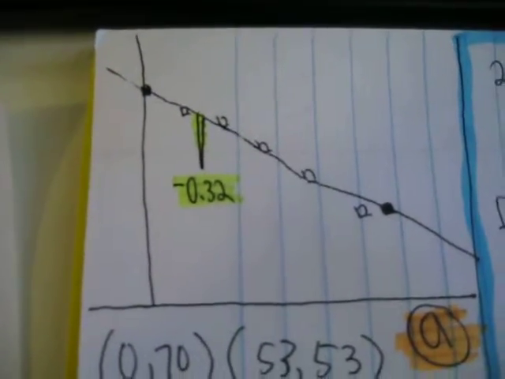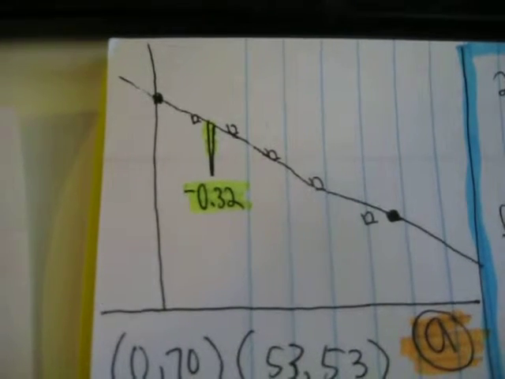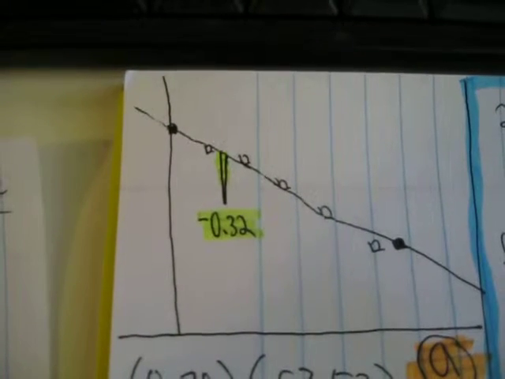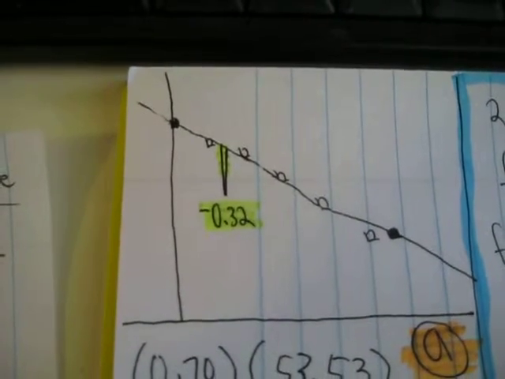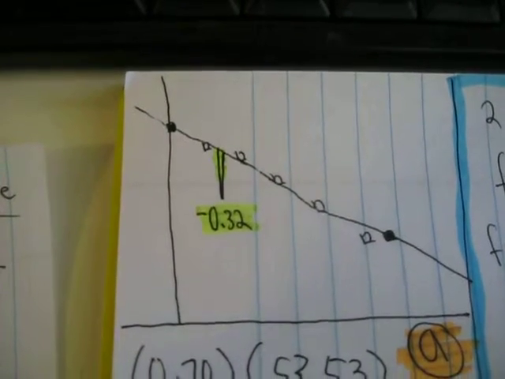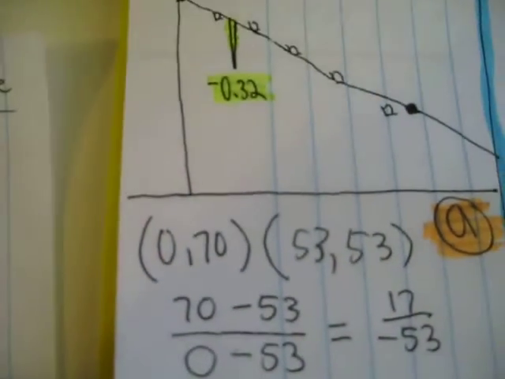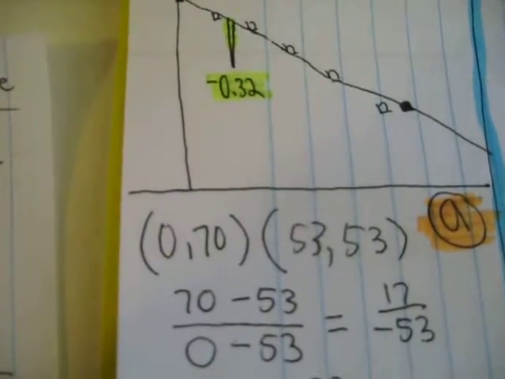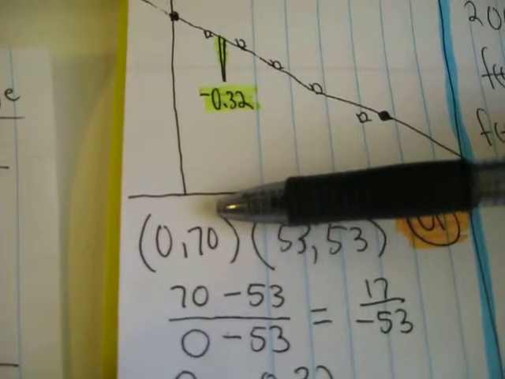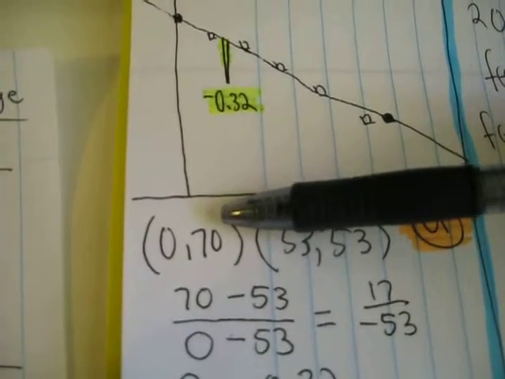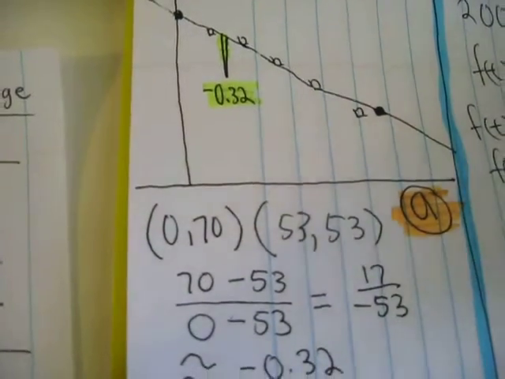And yes, this graph is pretty linear. So to get the slope, I got the first and the last points, which is 0 and 70, it's 0 because it's the years after 1950, and 53 and 53.